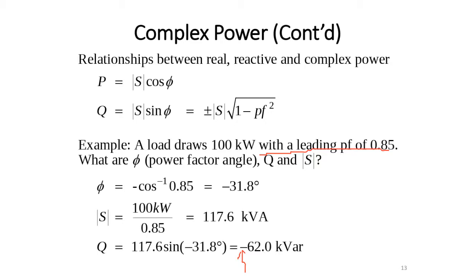What does it mean, a leading power factor? It gives reactive power. So this circuit here generates reactive power. That's why you will see it's negative. Because it generates reactive power. Reactive power should be absorbed, so therefore we write negative here. Leading power factor, so the Q is negative.